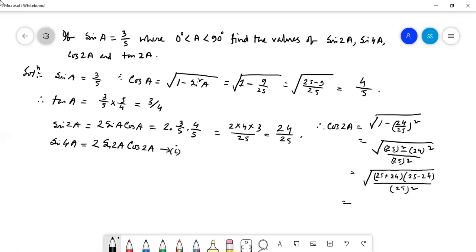So upper half equal to 49. Na? 25 plus 24, 49. Here 1. 49 means 7 by 25. Na? This is the value of cos 2A. So putting the value of cos 2A and sin 2A here. Value of sin 2A was 24 by 25 and value of cos 2A is coming 7 by 25. So it is 2 into 24 into 7 by 625, that is 336 by 625.